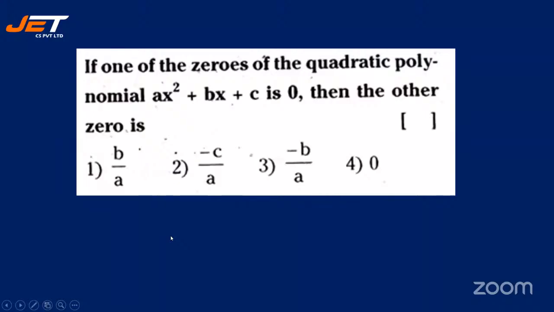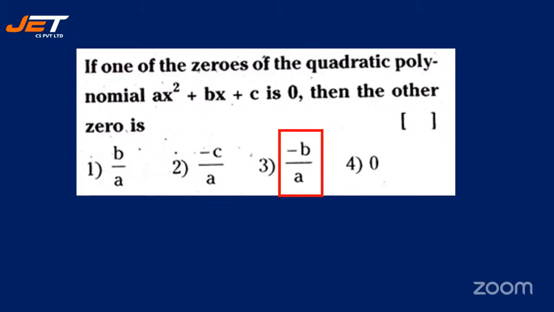Let me see how many of you have given me the right answers. Yes, I have Navatej. I have Deeksha. Pranita. Good. Varshini. Okay. All right. Good. And the answer is minus b by a.